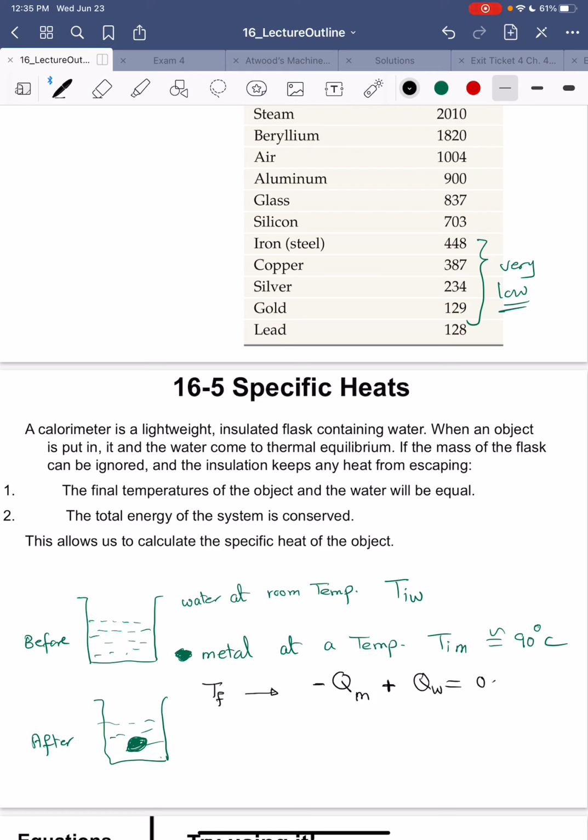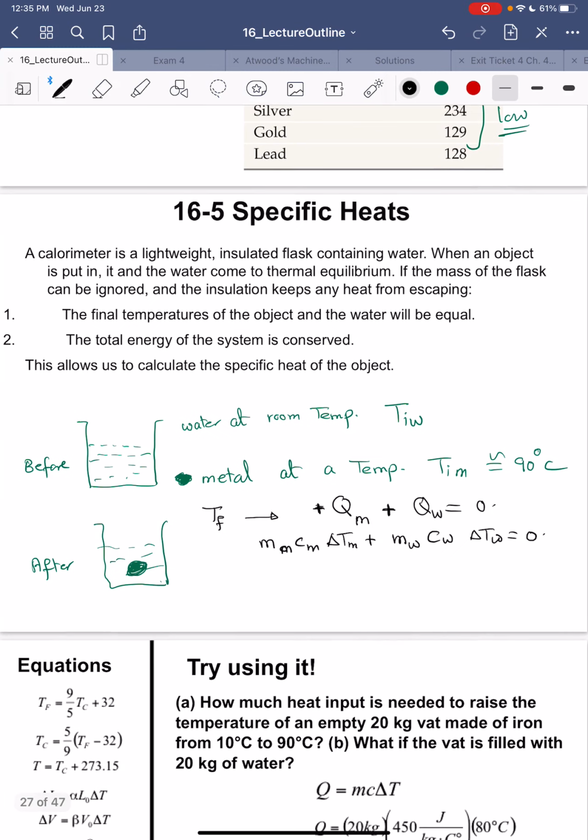Q metal plus Q water should equal 0, because what was lost by the metal is gained by the water. Here you say m metal times C metal times delta T metal plus m water times C water times delta T water should equal 0. From this equation, I will be able to calculate the C for the metal.